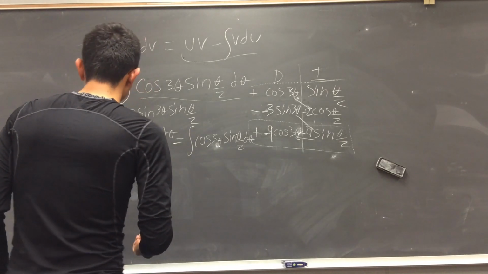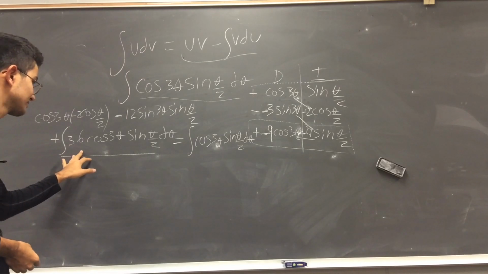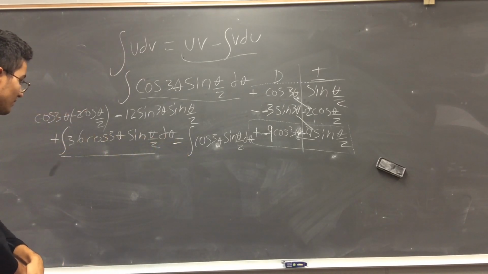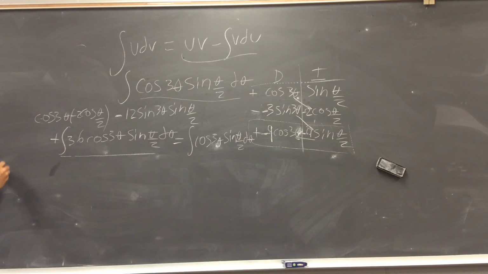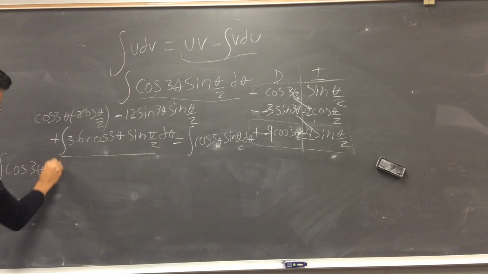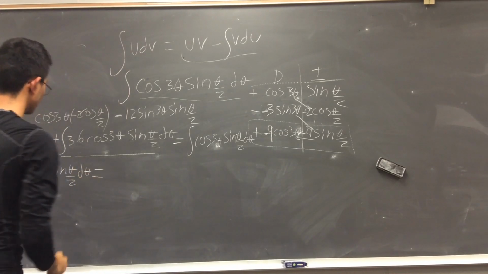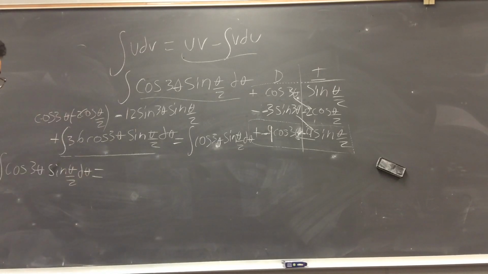So if we do the maths here, this is going to be 1 minus 36, which is negative 35. So in essence, the integral of cosine of 3 theta sine theta over 2 d theta is equal to everything divided by negative 35.